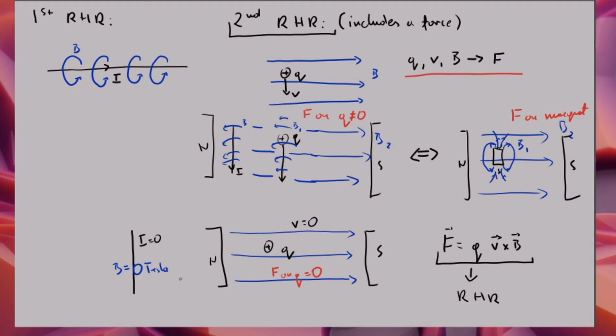Let's scroll up. One more time, the first right-hand rule was just about a current that flows, and you can use it to determine the direction of the magnetic field, which points around the wire.